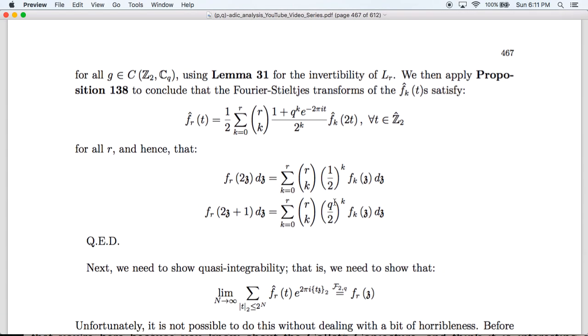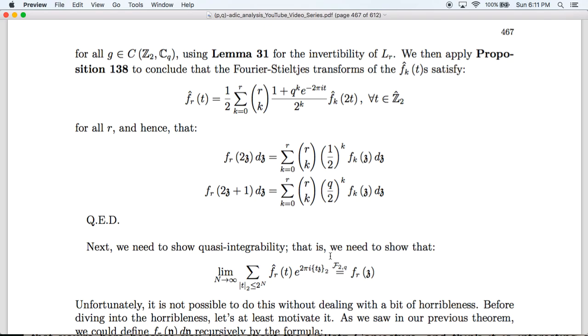So now comes the hardest part: we need to show quasi-integrability. So we haven't just found a distributional solution of FR's functional equations. Rather, this distributional solution, its Fourier transform, generates the Fourier series of FR. Unfortunately, this is the hard part, so it's not possible to do this without dealing with some degree of horribleness.